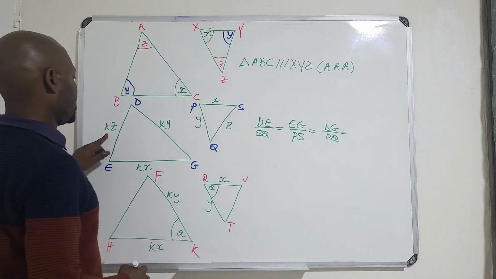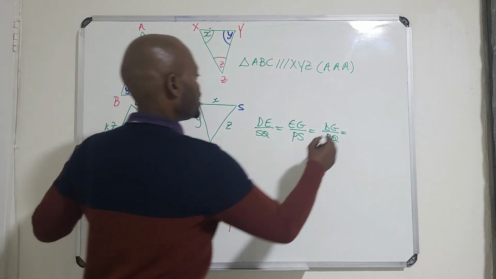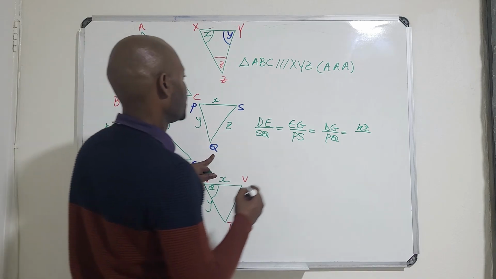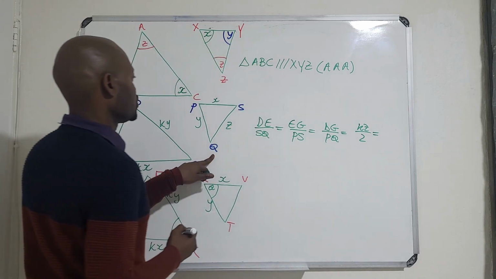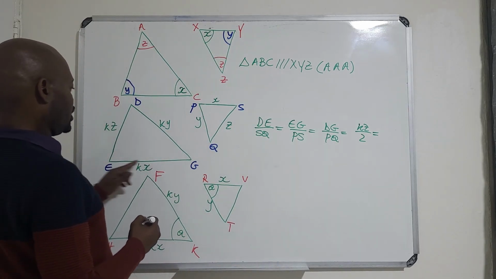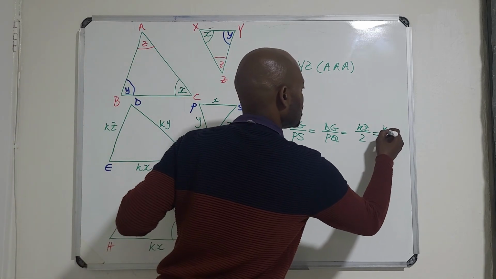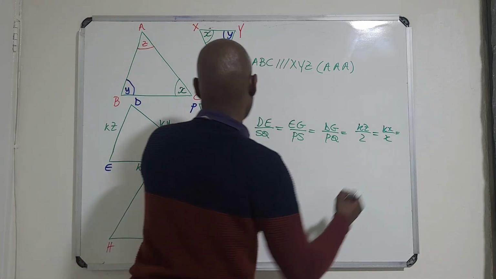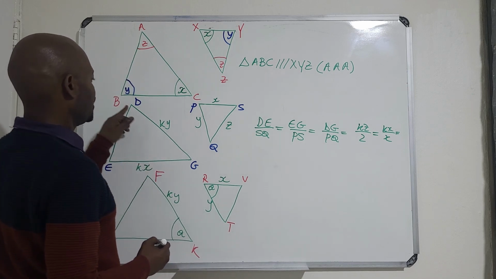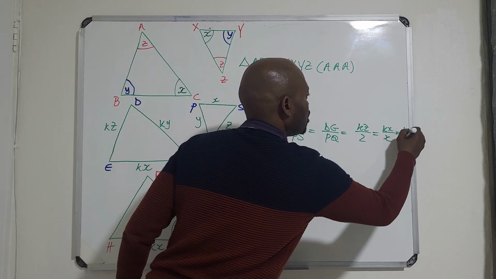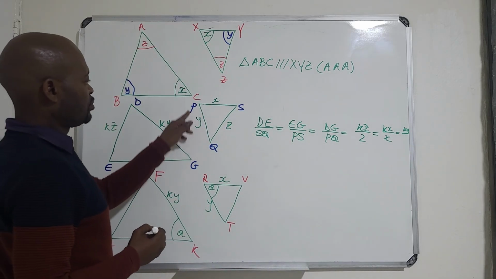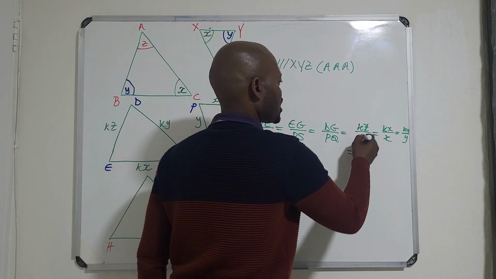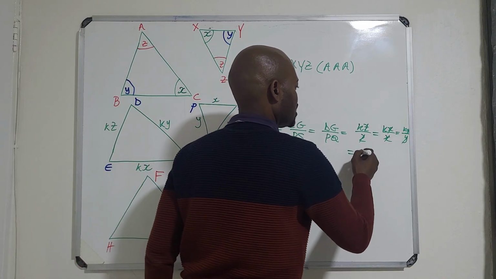You can see that here I have DE, which is KZ, over my SQ, which is Z, is equal to my EG, which is KX, over my PS, which is X, which is equal to my DG, which is KY, over my PQ, which is Y. All these, obviously this cancels, this cancels, this cancels.